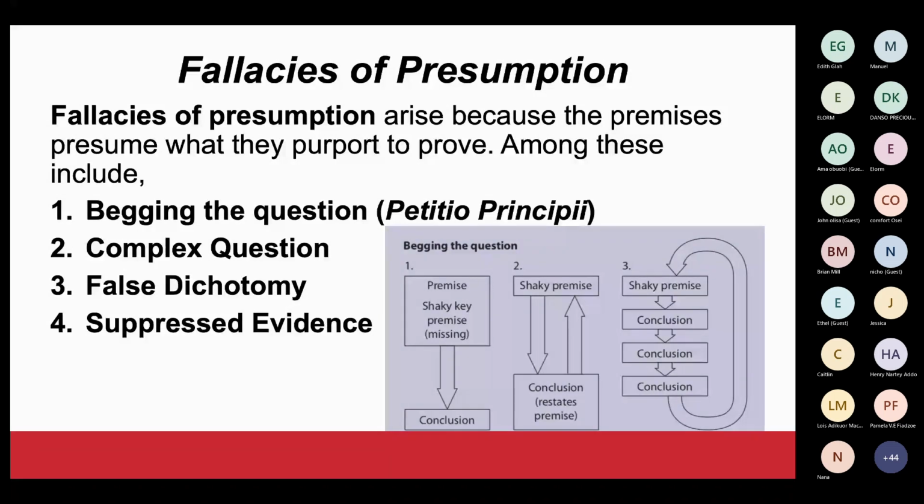It's just a presumption, an assumption you are making. You state a premise, and the premise you have stated is really shaky, not really having a foot to stand on. Then on that basis, you bring us a conclusion by restating the premise.